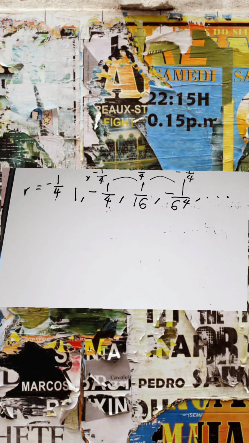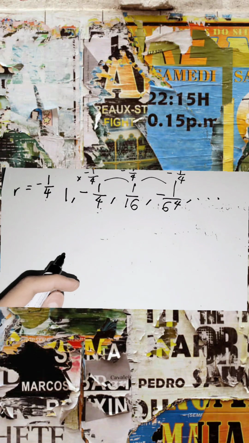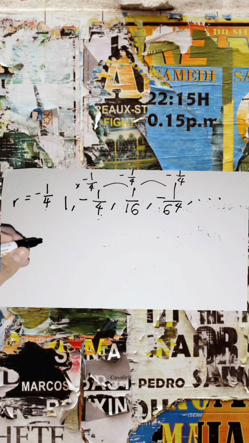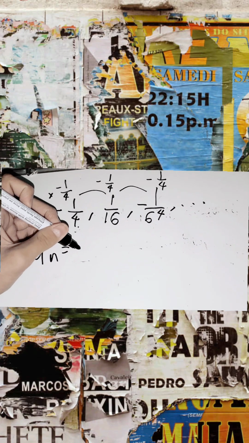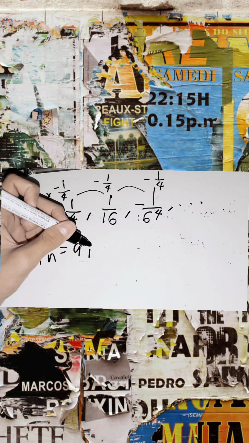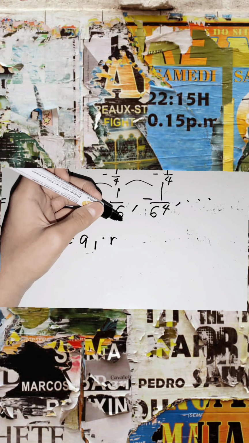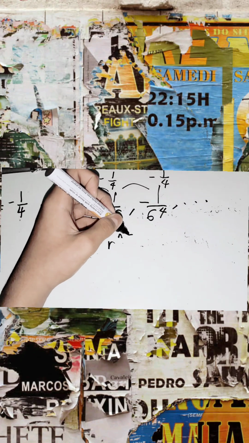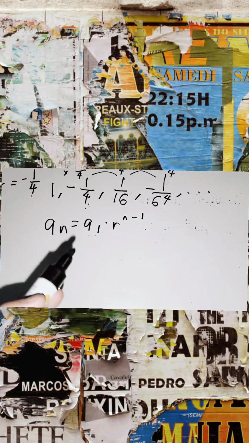And now we're going to find the nth term rule. So this sequence follows a specific formula, which I'm going to write down. A sub n equals a sub 1 times the ratio to the power n minus 1. Now we're going to substitute.